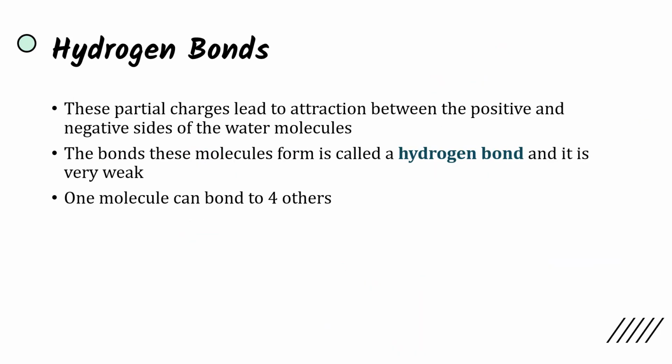Now, the partial charges within water lead to an attraction between the positive and negative sides. If I draw 2 water molecules here, these are my hydrogens, we can look at the different charges. The hydrogens are going to be partially positively charged, while the oxygens are partially negatively charged.